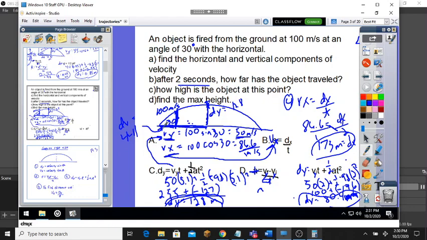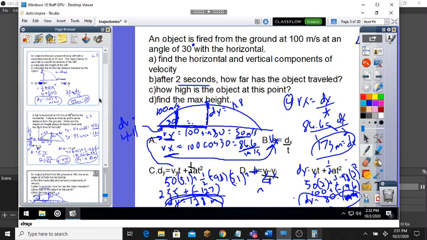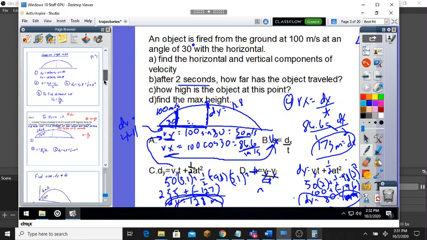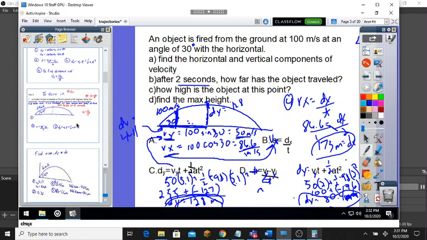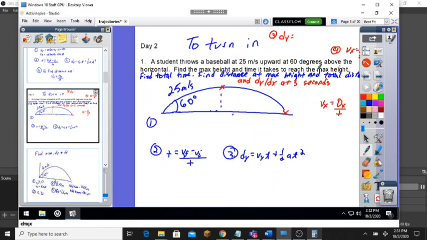We're going to do one more example. And the example that we're going to do is over here. This is going to be on the left side of your notes.